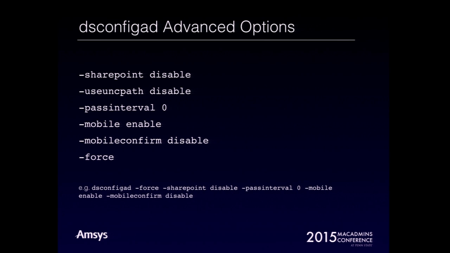People that were making monolithic images that were pre-bound to Active Directory before deployment suddenly found out that every 14 days all the machines got kicked off the network, realizing that you're not really supposed to join the Mac as part of the image and then deploy that out. But with the 14-day thing, if you get people that are off the network a lot and not in range of the domain controller, we found that they were just getting kicked off. It was trying to change the password and failing.